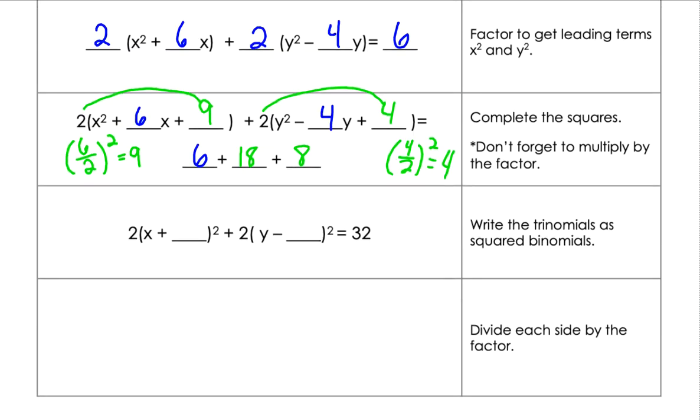All right, so now that we've completed the square, we are able to factor those trinomials into perfect square binomials. So x squared plus 6x plus 9 factors to x plus 3 squared. And y squared minus 4y plus 4 factors to y minus 2 squared.